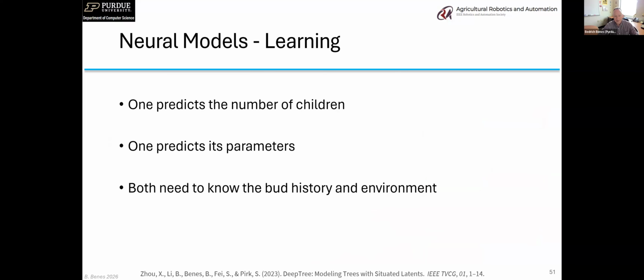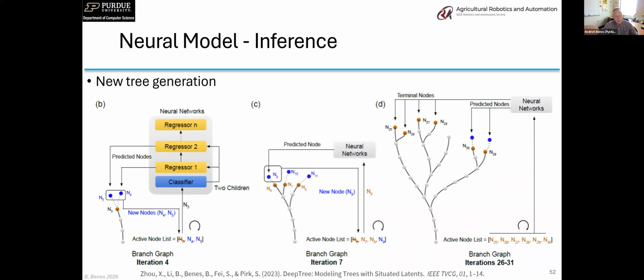And then we created 2 neural networks, one that predicts the number of children, whether the bud will die, will branch into 2, will continue as 1, or branch into 3. And the other network predicts its parameters. So what will be the radius of the branch, what will be the distance it will grow, what will be the branching angle. So we trained the neural network.